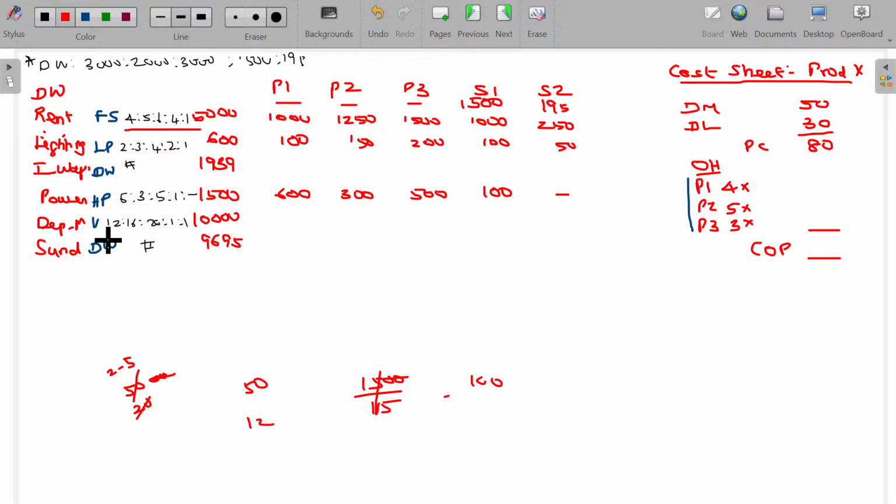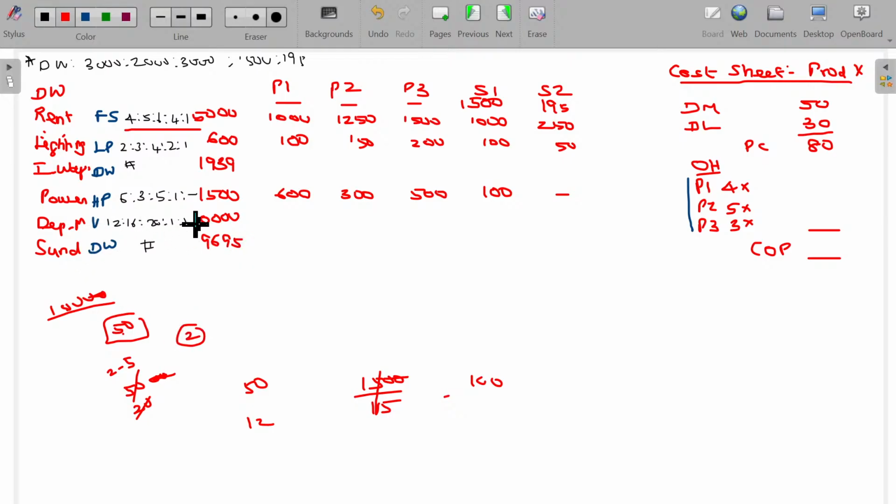Value of machine 12 is to 16, 28, 30, 50. Is that okay? 50, this one is 10,000. So 10,000, forget about 2 zeros, 100 by 50, 2 times. So 2 times and add 2 zeros.